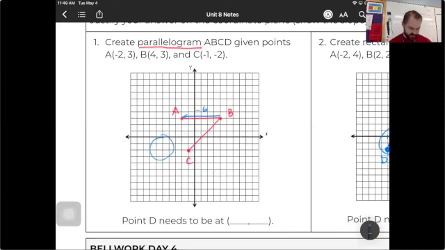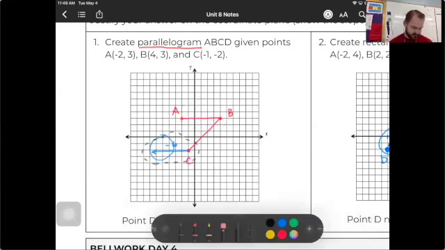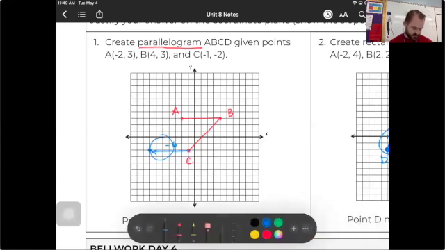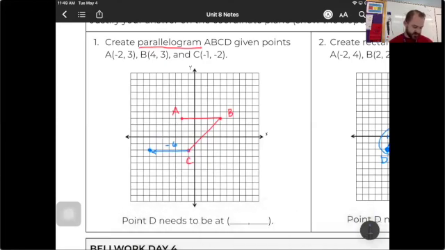So I'm going to use that pattern from C. I'm going to go from C backwards 1, 2, 3, 4, 5, 6, and my circle was a little bit off. I'll just move that. Okay, that puts my coordinates for D right there, which has an x coordinate, if you count, of -7, and a y coordinate of -2. So that's where D would be, and that turns that into a parallelogram.